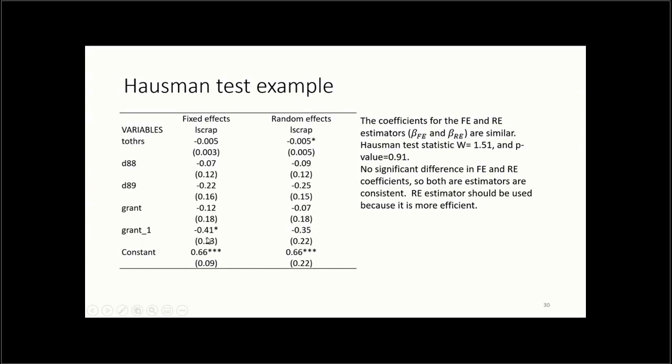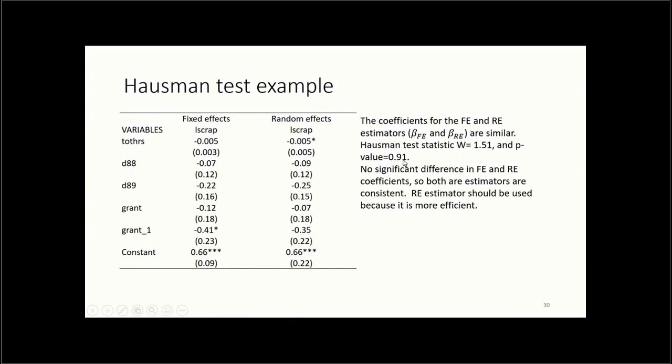So this is how we are going to be comparing these whole sets of coefficients. But we want to know, are they really significantly different from each other? They appear to be similar, but we would be forming the Hausman test statistic, which would be 1.81, and the p-value would be 0.91.